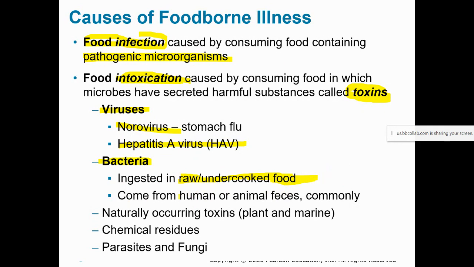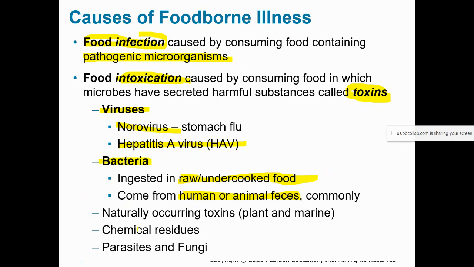Or sometimes it's a vegetable that was contaminated by human or animal feces on the field, at the site of the farm, and then wasn't processed or handled well enough to kill off the microorganisms prior to providing it for human consumption.